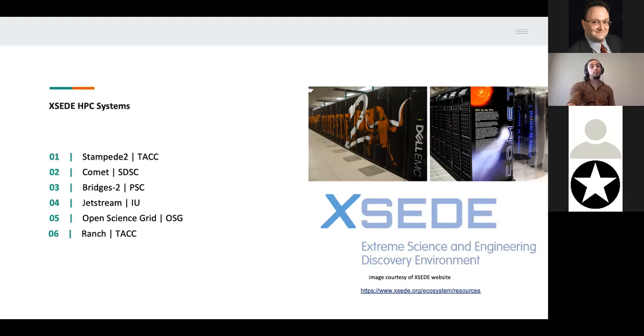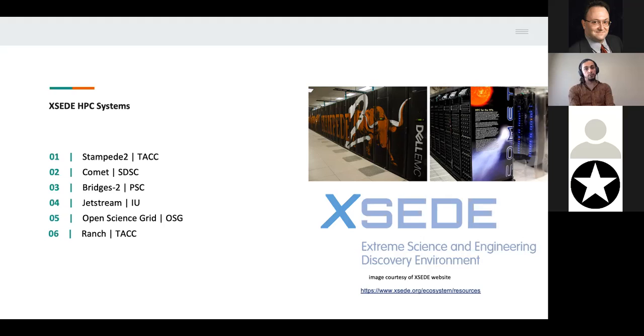And as a Campus Champion, you would receive some limited time on the different XSEDE HPC systems. Now, the time that you would receive, as in CPU hours and storage, is not designed to do people's research or to run full experiments, but to test and see how they can fine-tune their codes.